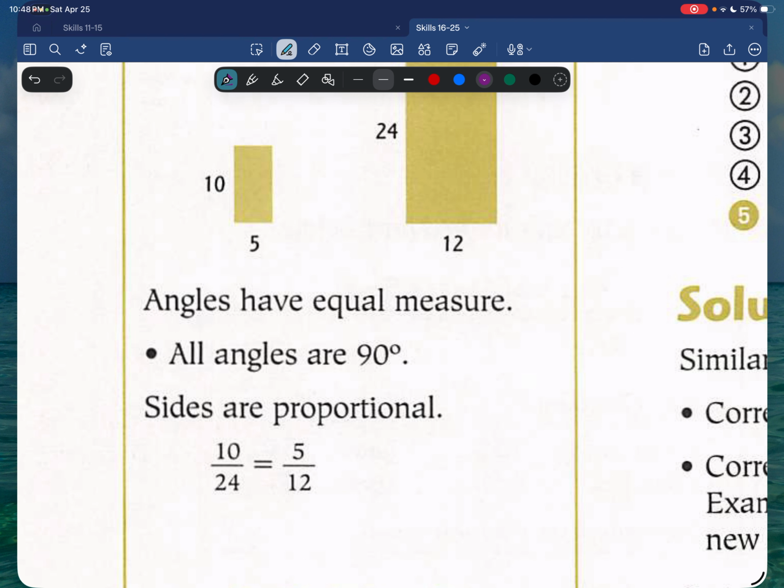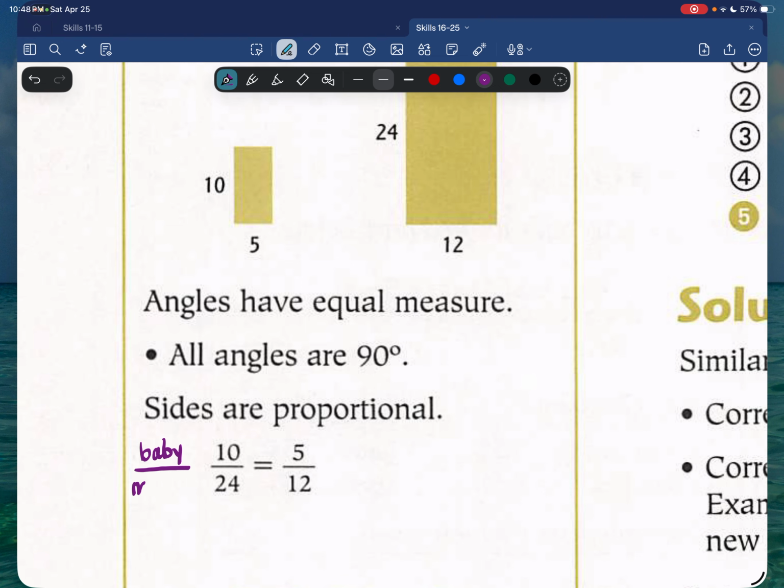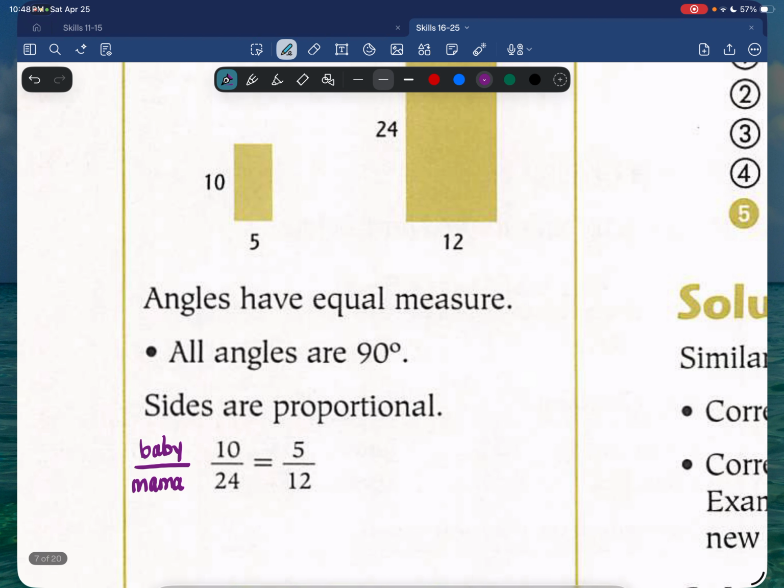This is not how I would have set it up, but it works. This is the baby dimensions, 10 and 5, and this is the mama, 24 and 12. This is the height, so baby's height and mama's height, and this is the width.